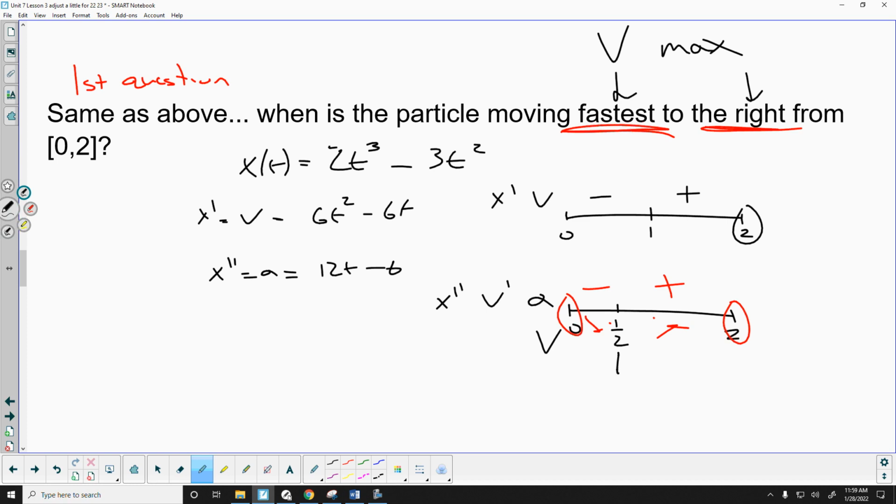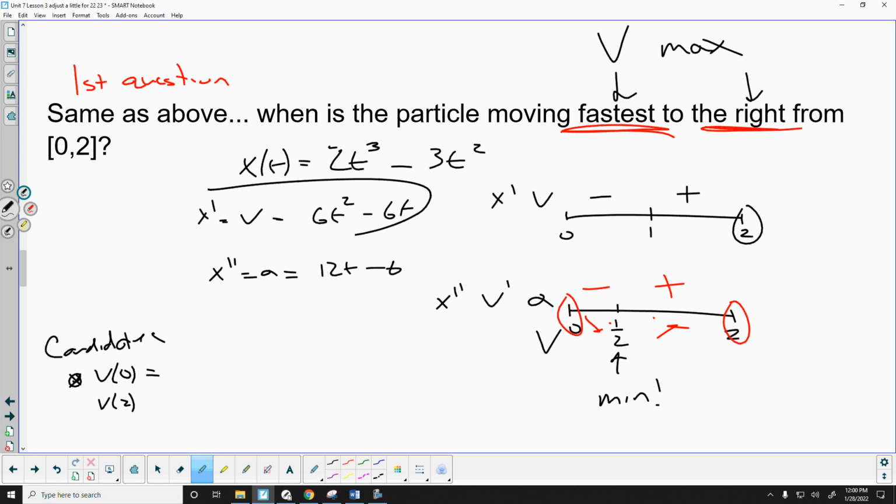Candidates. I can immediately eliminate the candidate of 1/2. That's going to be the min. If I'm asking fastest to the right, my only candidates are the endpoints, v of 0 and v of 2. v of 0 is 0 and v of 2 is 12.